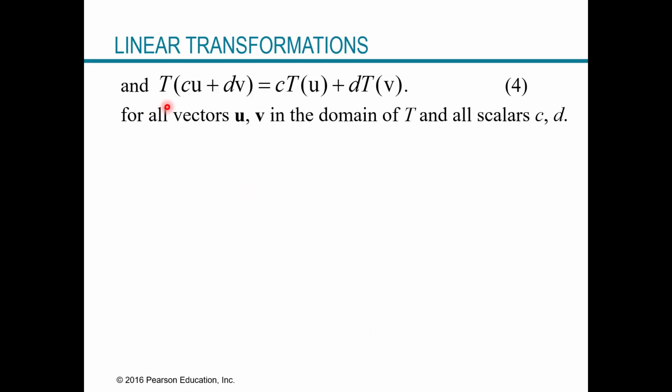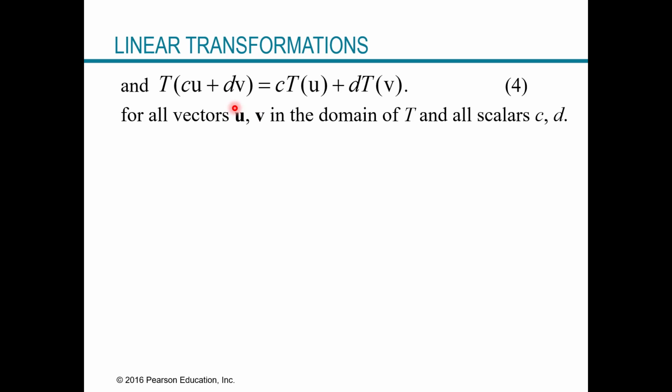And then what's also true is that if you have C times U and you add D times V and then you transform that, it's the same as transforming the vectors first, multiplying them by the scalars C and D, and then adding them. Okay, and then this is true for all vectors U and V in the domain of T and all scalars C and D.